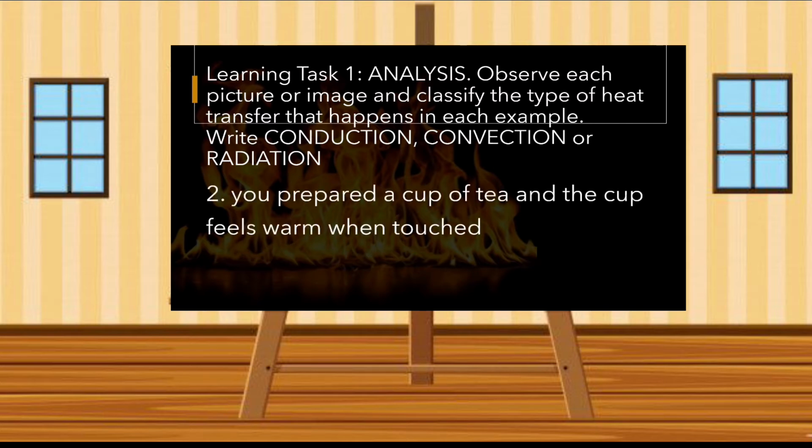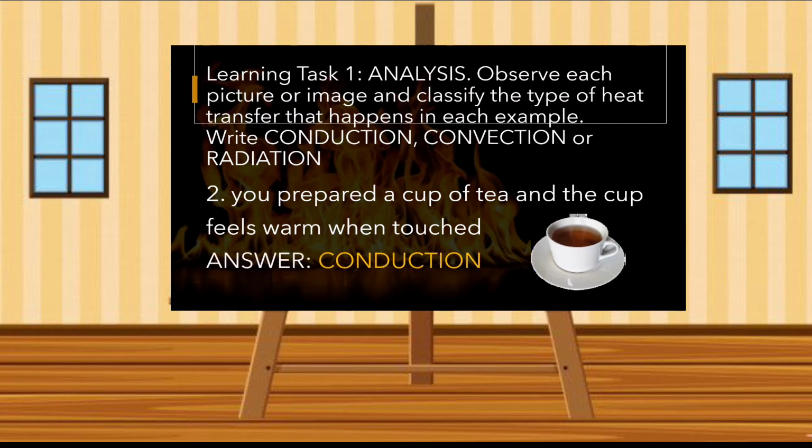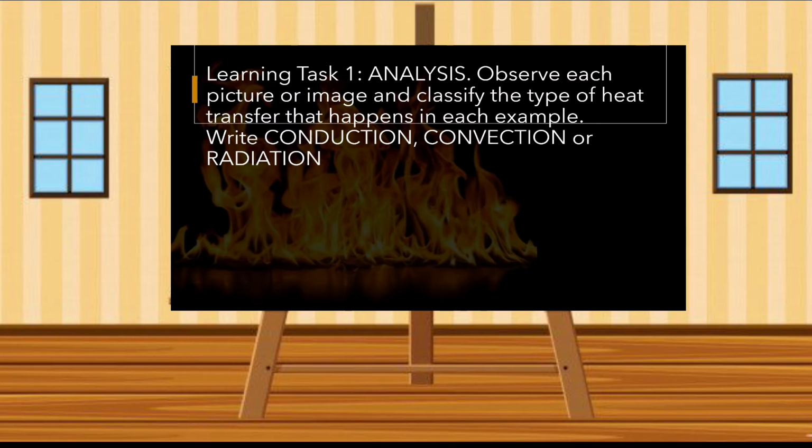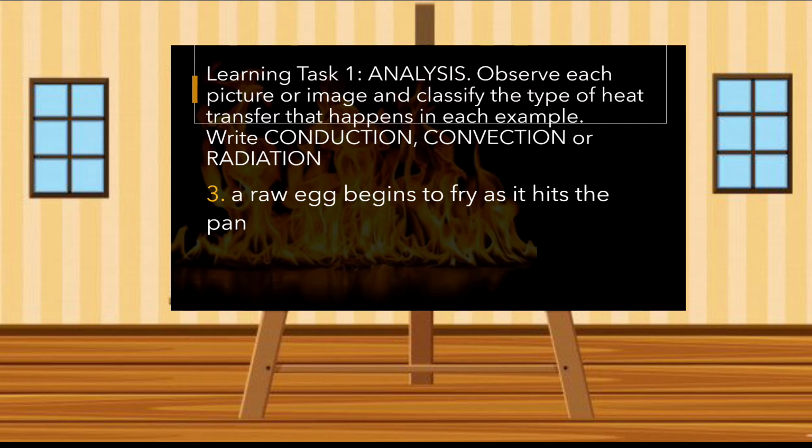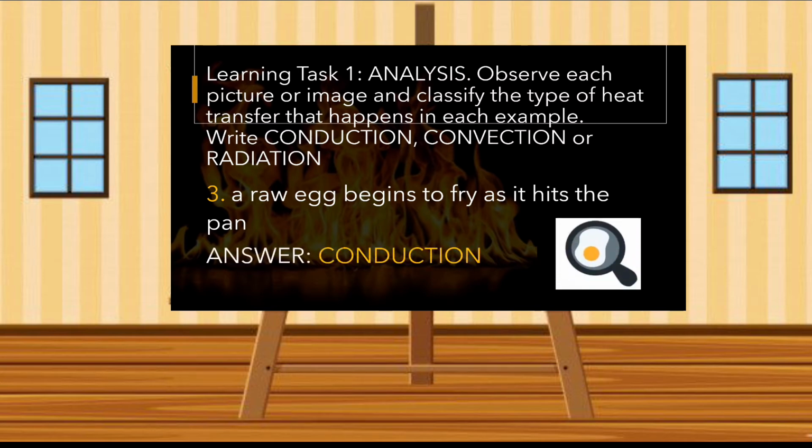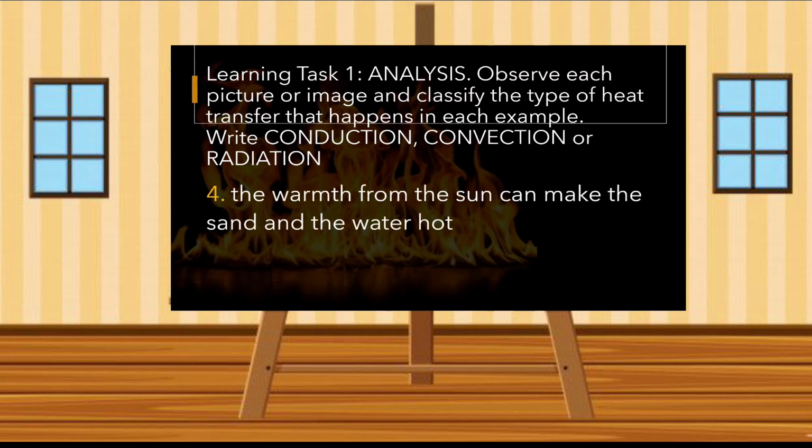2. You prepared a cup of tea and the cup feels warm when touched. The answer is conduction. Number 3. A raw egg begins to fry as it hits the pan. The answer is conduction. 4.